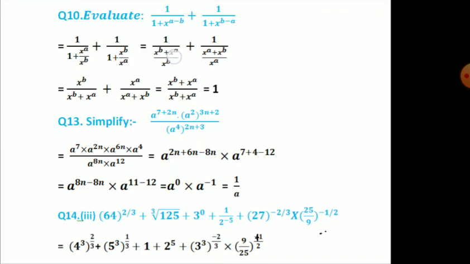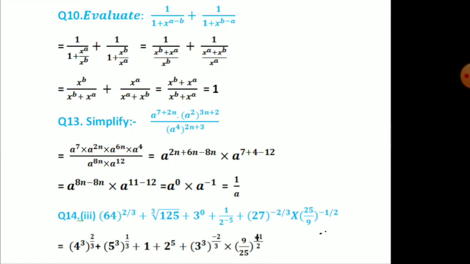So what we'll have, 1 divided by 1 plus, not 1, it will become x to the power b. 1 into x to the power b will become x to the power b plus x to the power a whole divided by x to the power b plus 1 divided by, here again we'll take x to the power a as the LCM. So what we'll have, x to the power a plus x to the power b by x to the power a.